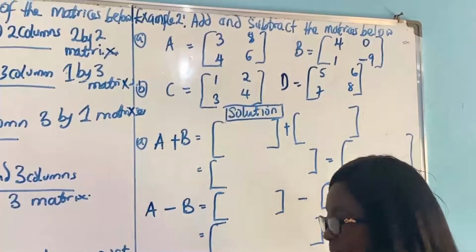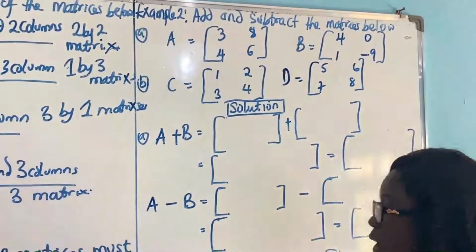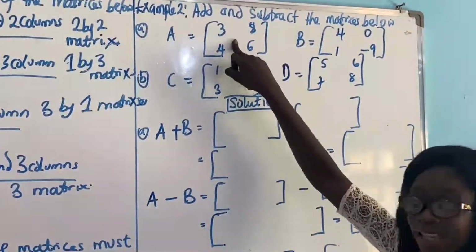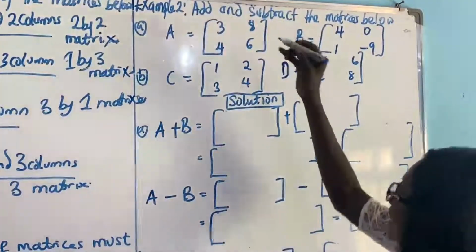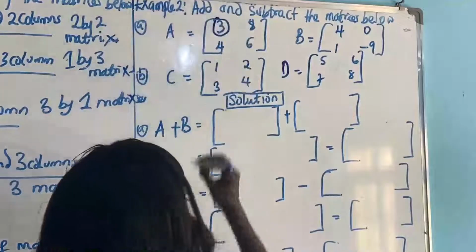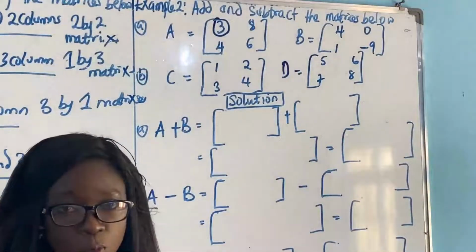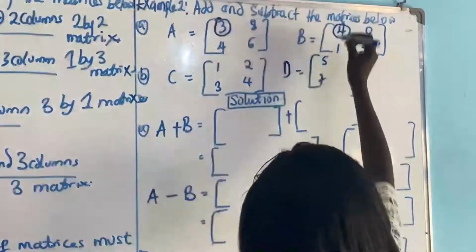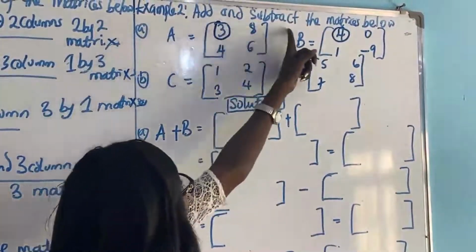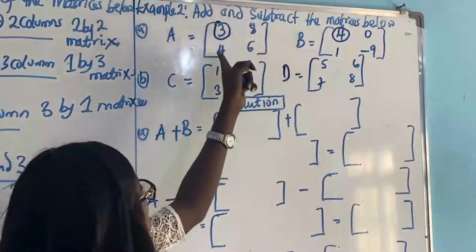We ensure that the matrices have the same dimension. Now for rule number 2, when you add these matrices, you add each item to the corresponding item in the next matrix. Now this 3 here is in row 1, column 1. And this 4 is also in row 1, column 1.